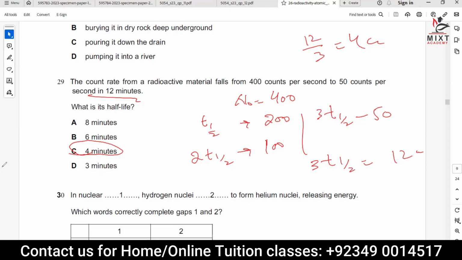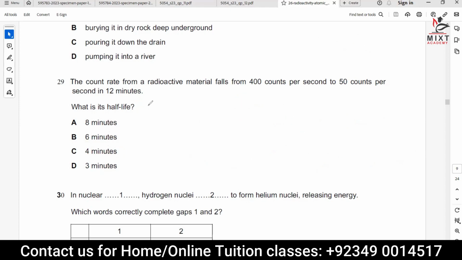Sir, can you explain this question again? Okay. As can be seen, initially N naught, the count rate, is 400, and after 12 minutes it becomes 50.